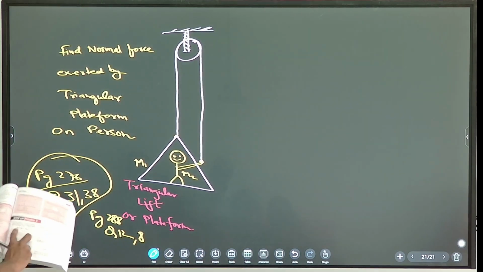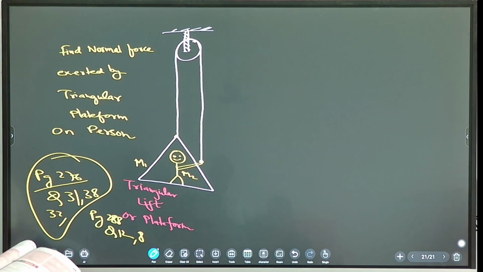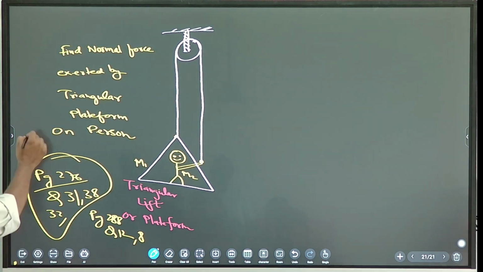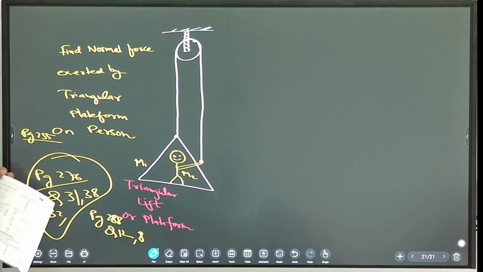This, three blocks. Okay. Page 255, solved examples are there.